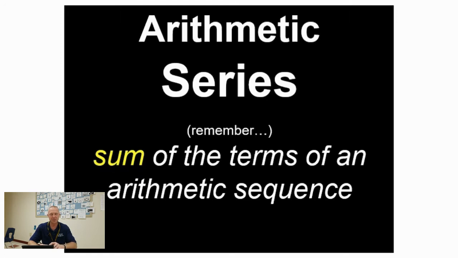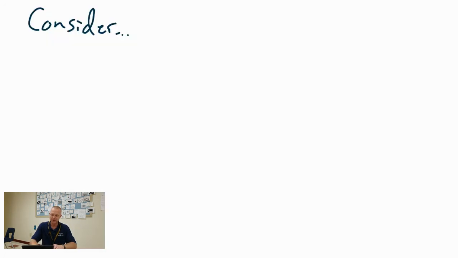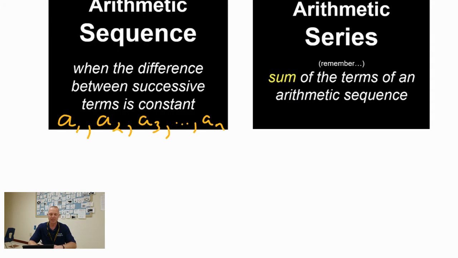Remember, a series is just the sum of the numbers. So if I have some numbers like a sub 1, a sub 2, a sub 3, a sub n. Again, to make this into a series, all I would have to do is add those numbers. And so I can add a sub 1 plus a sub 2 plus a sub 3, and obviously as many numbers as I need to add down to a sub n.